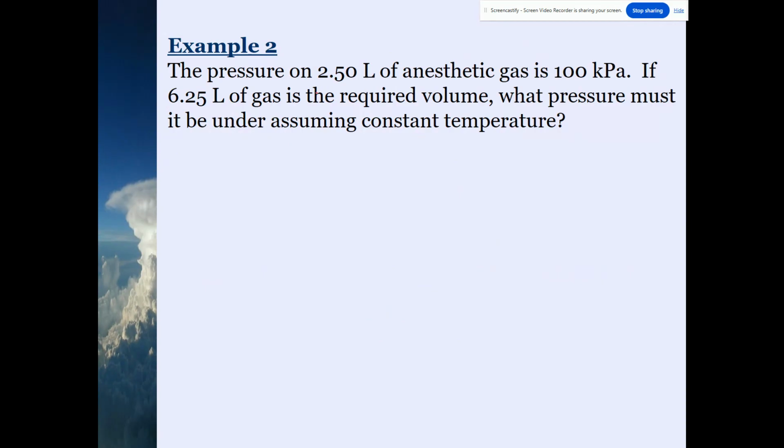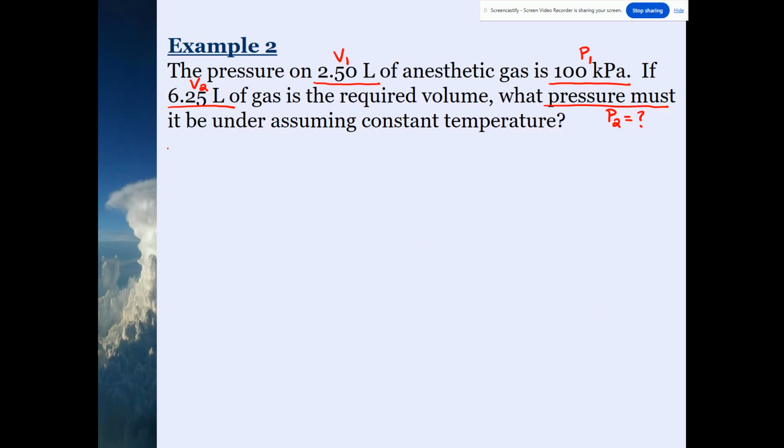The pressure on 2.50 liters of anesthetic gas is 100 kilopascals. So we'll make this V1, and therefore this is P1. If the new volume, V2, is required to be 6.25 liters, what pressure must I put this gas under in order to get to that volume?